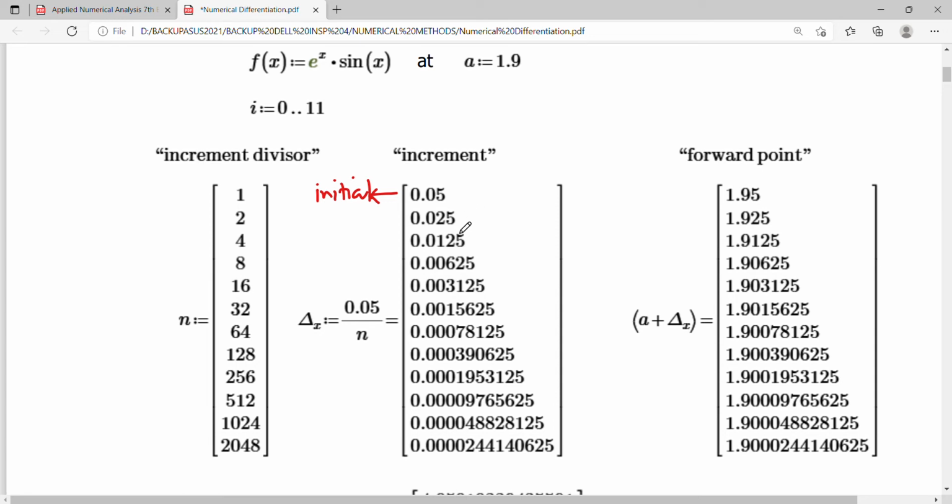Okay, so what we are doing is we're trying to set the delta x increment approaching 0 but not exactly 0.